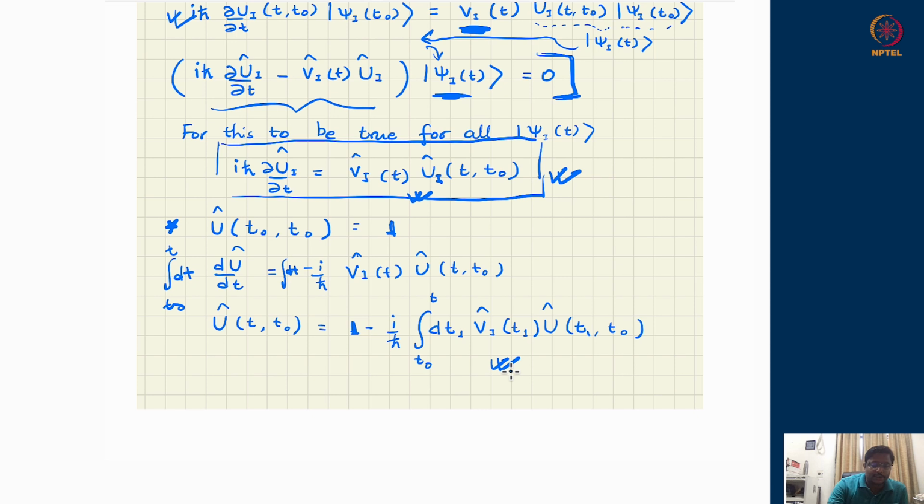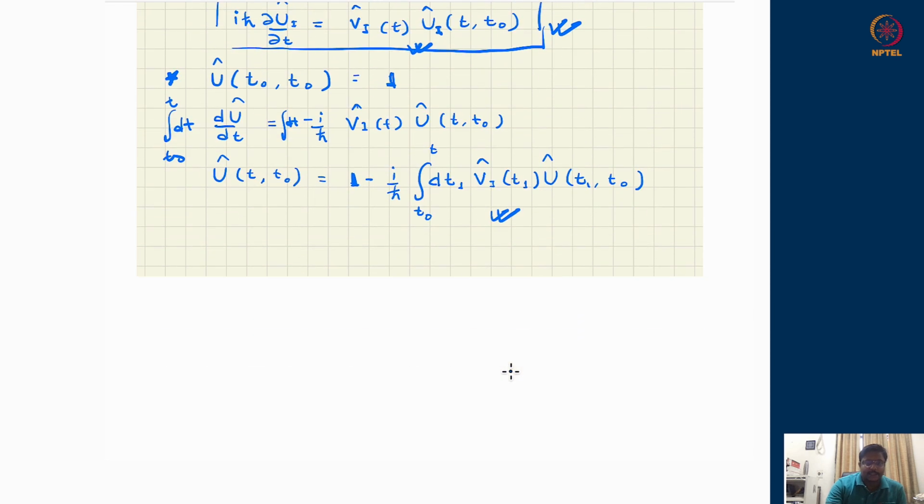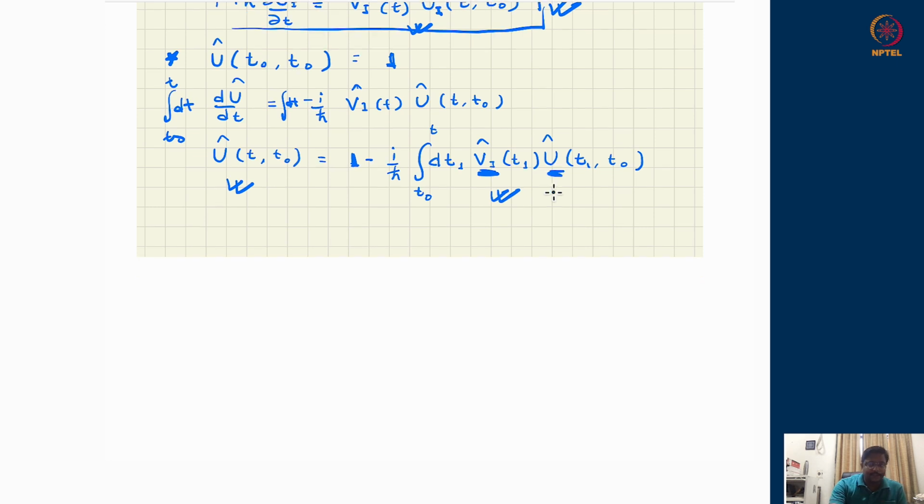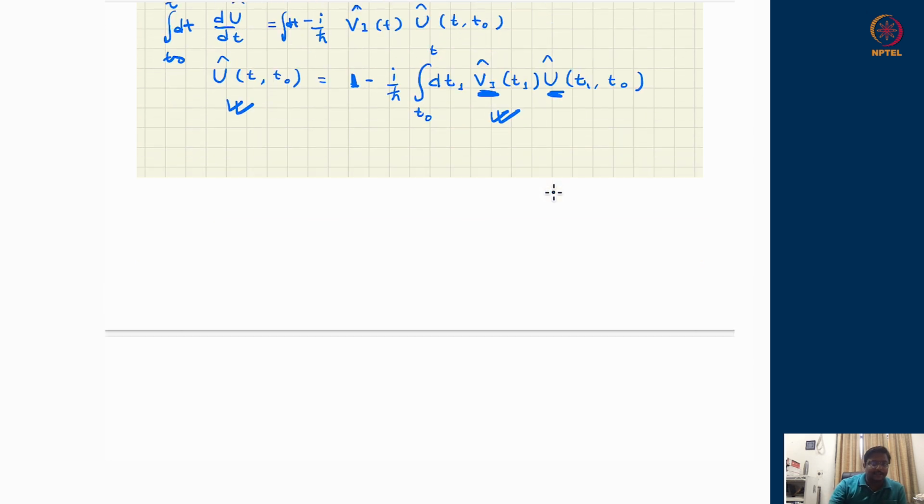So this is the structure of the unitary. It is an integral equation: the unitary at any stage is known from the integration of the convolution of the interaction potential and the unitary itself. That means it is an iterative equation. So you see, this is the t1, this is the t1, this is the t1, and this t1 is undergoing integration from t0 to t.